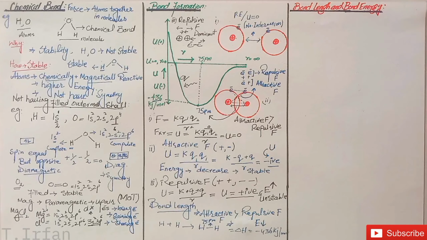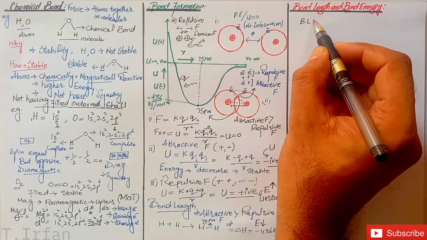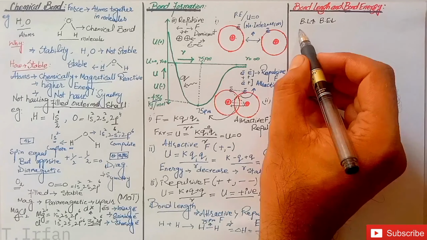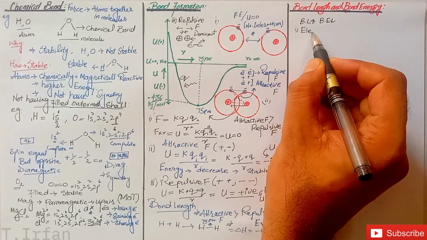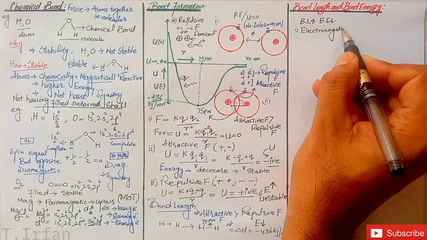Now this bond length and bond energy decide the strength of chemical bonds. When the bond length is higher, the bond energy will be lower. There are three main factors which decide the bond length and bond energy, of which one is the difference of electronegativity.